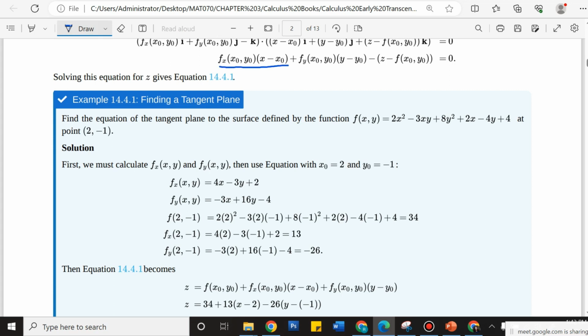Derivative of f of x, y with respect to x, we have 4x minus 3y, plus 2. For y, with respect to y, mahimo ning 3x, kani 16y, negative 4.